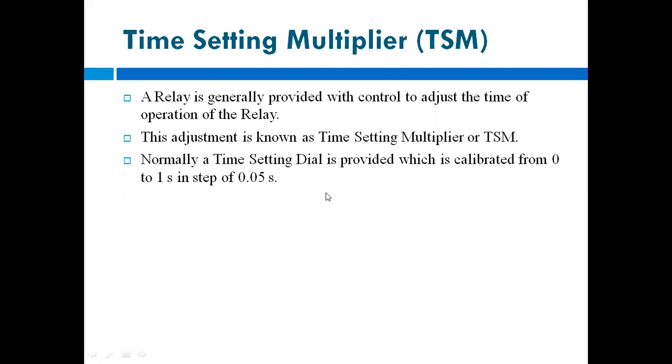With the time setting multiplier you can simply set the time required for tripping, means for the operation of your relay. If you want to operate your relay very fast, then what can be the time, or if you want to give some delay, then you can also set that.